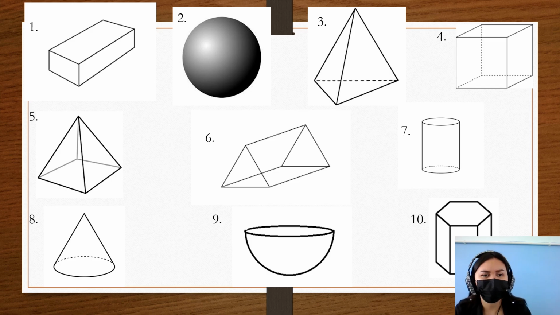Number 1 is a cuboid or rectangular prism.